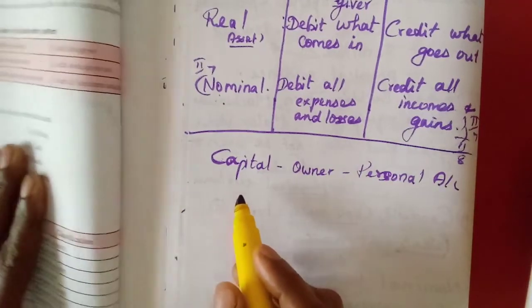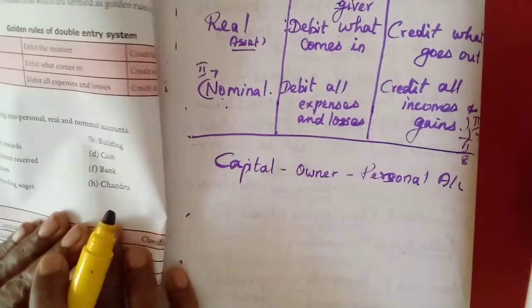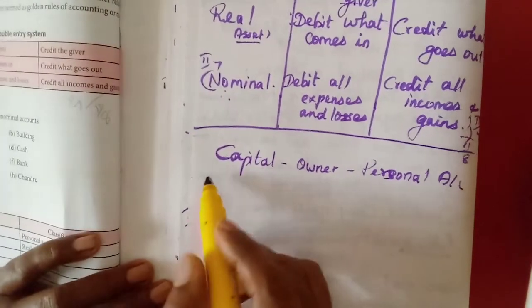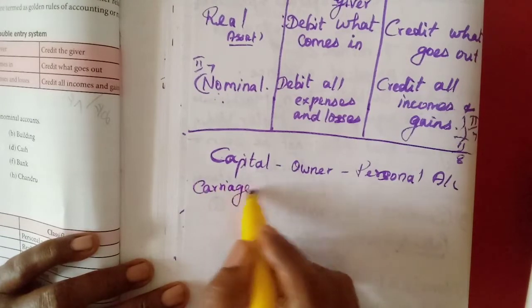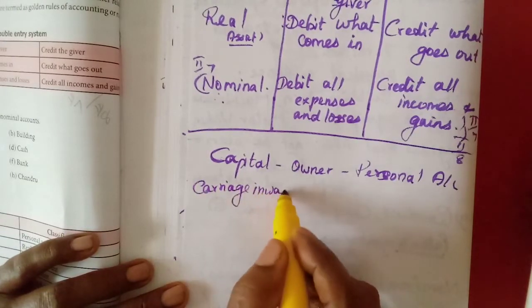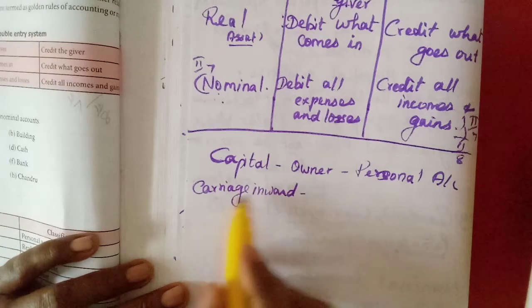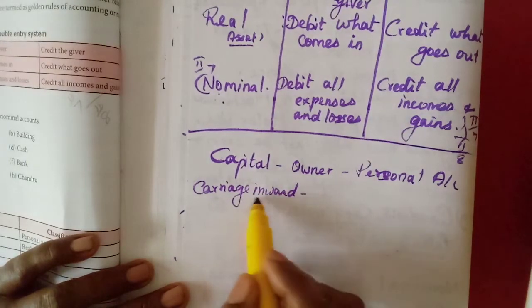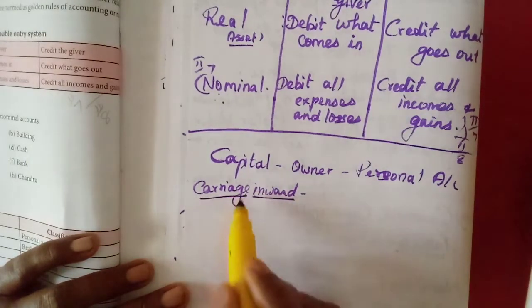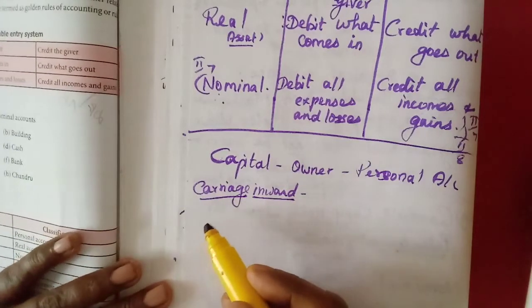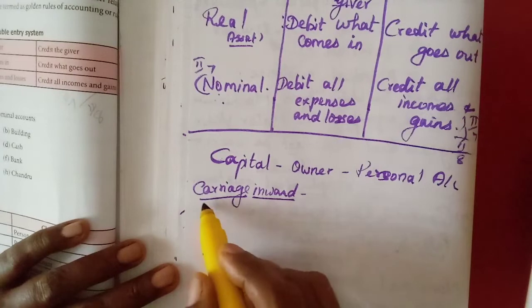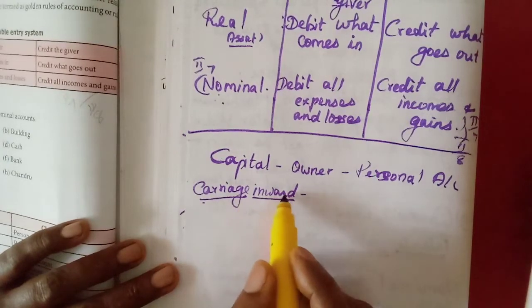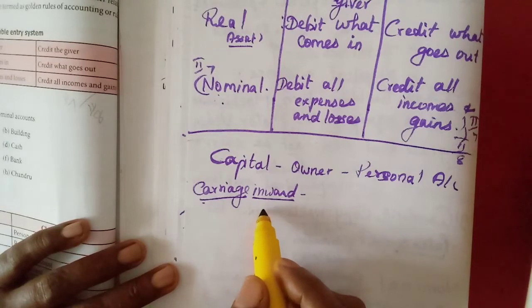Next one, I will say carriage inward. We have never heard these words, that's why I am explaining. Carriage inward means inward, that means carriage, you know, isn't it? To carry the luggage. Here it is not the luggage of any person. Here the products will be carried into the factory or the business organization.